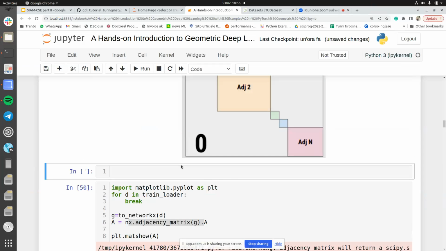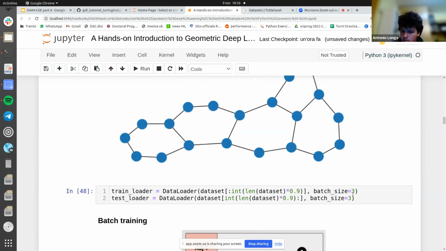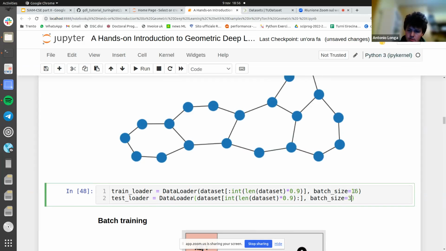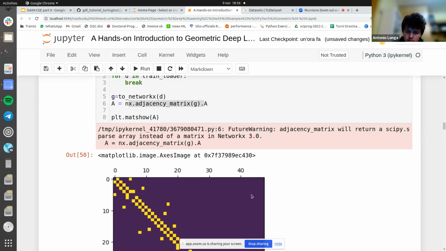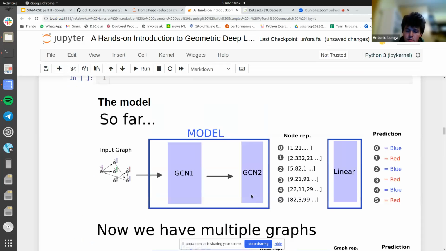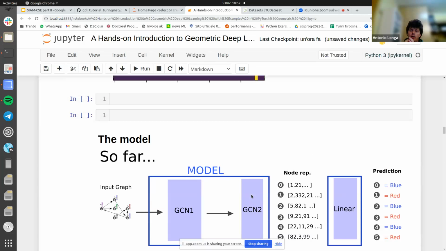Yeah, sure. Fantastic. I'm not going to plot it because it's complex to see and so on and so forth. Okay. Now, if the dataset is clear, let's move to the model.